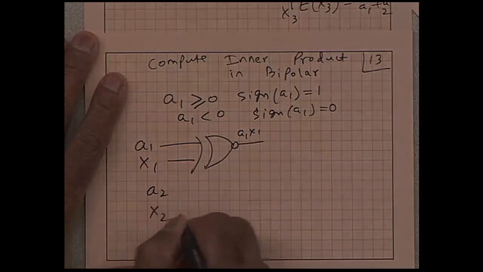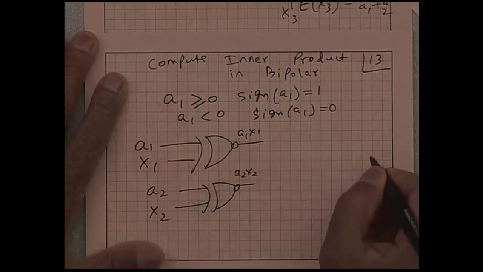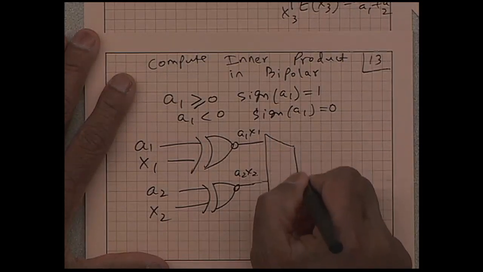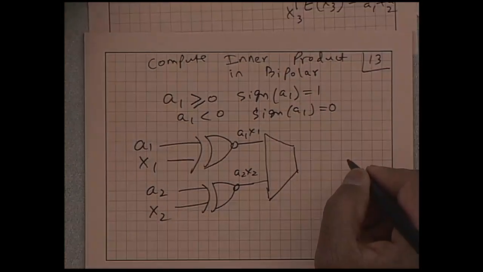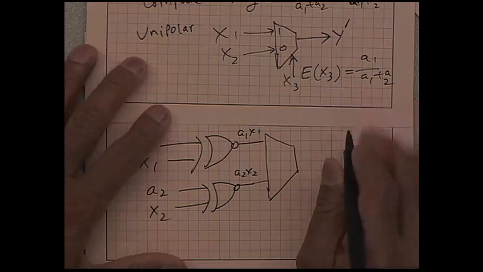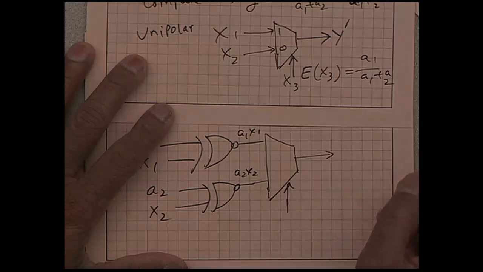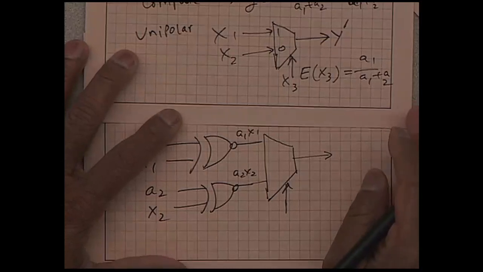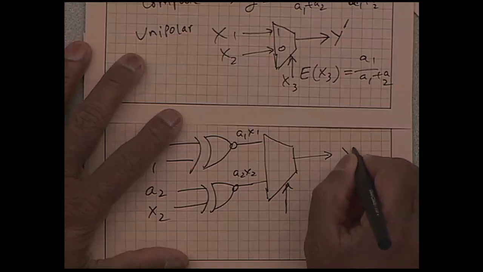And similarly A2 x2. Okay, and then if I feed these to a multiplexer, so we want to compute y prime.